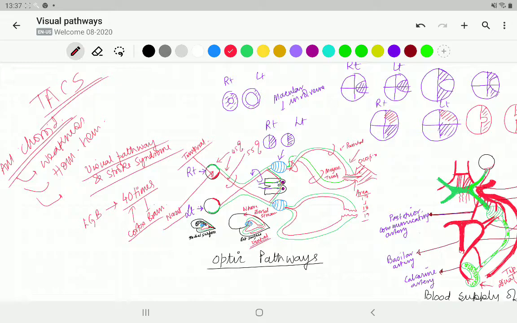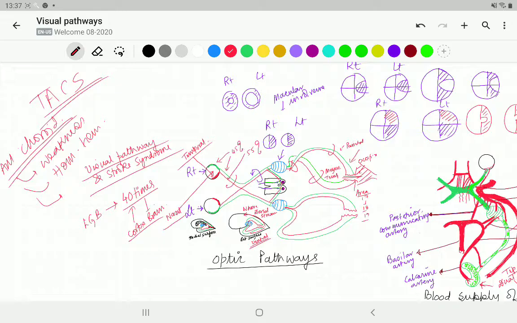The other interesting but uncommon symptom we see in case of optic pathway involvement is if there is involvement of the PCA at different parts.